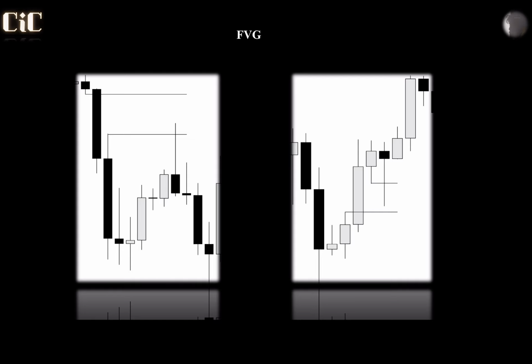These gaps are rich and filled with leftover orders which need to be rebalanced. That's the reason why FVGs are always sensitive price zones in the correct order flow.